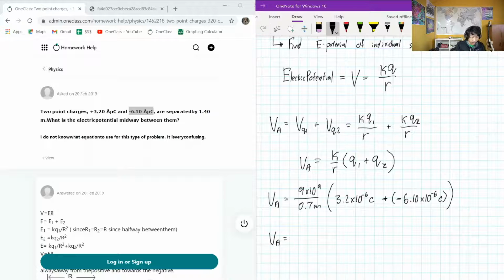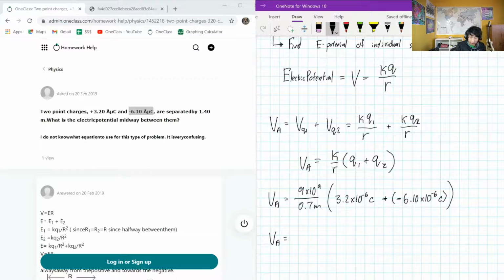Okay, so let's do this quick math. In the middle we have 2.9 times 10 to the negative 6, multiplied by 9 times 10 to the power of 9, and all divided by 0.7.